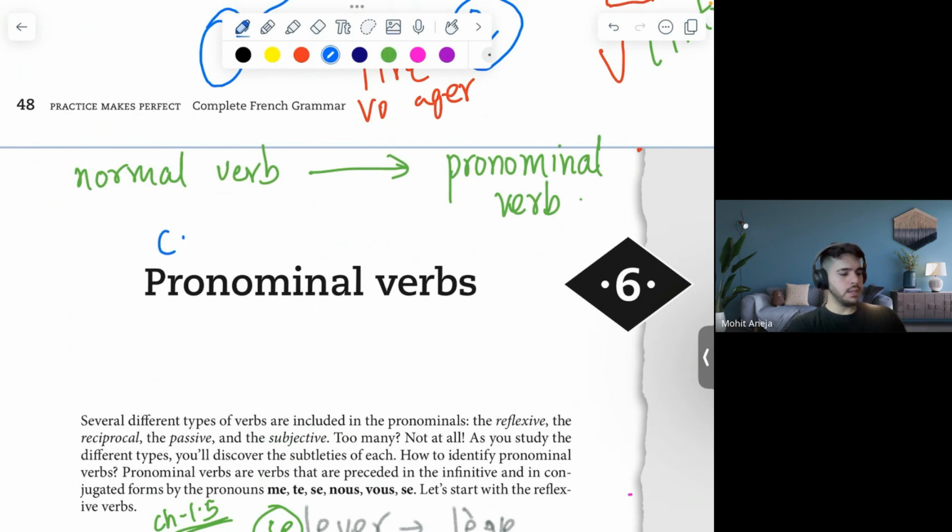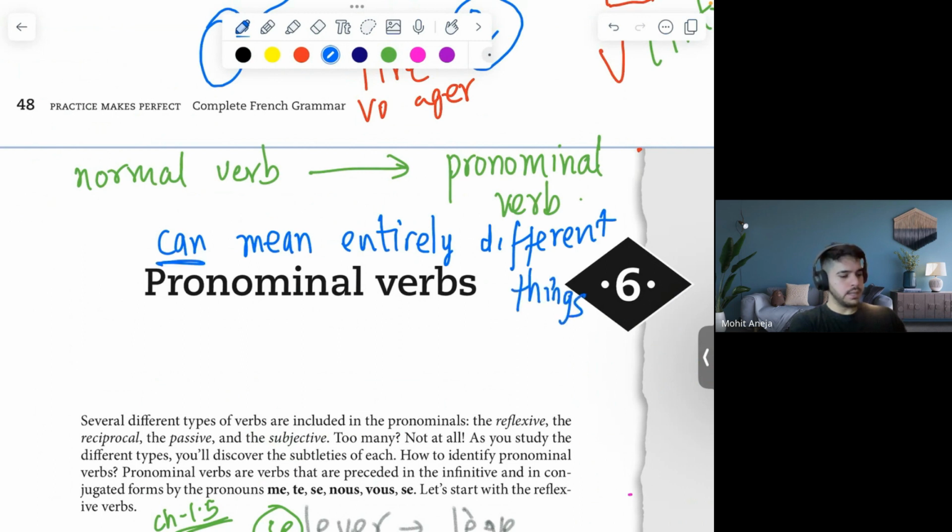It can mean entirely different things, or it can mean similar things.